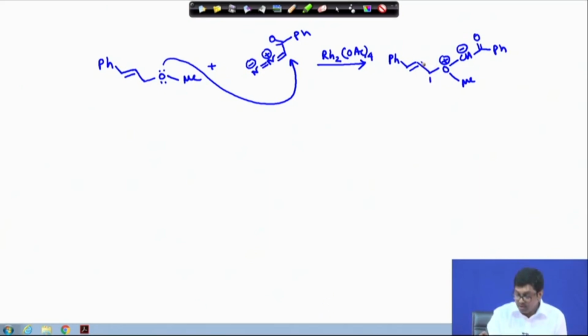So, this is 1, 2, 3. Okay. So, now 1, 2. If we see, this can attack over here, and this sigma bond can break. Okay. So, this is the 2,3 sigmatropic rearrangement, because the sigma bond is forming through 2 and 3, and what is breaking is where we started the counting, that is 1 here.